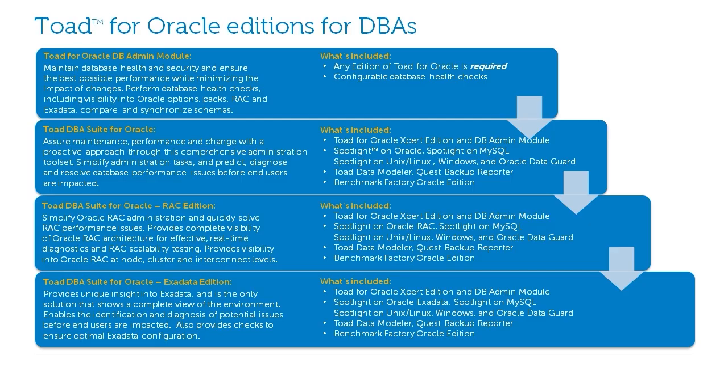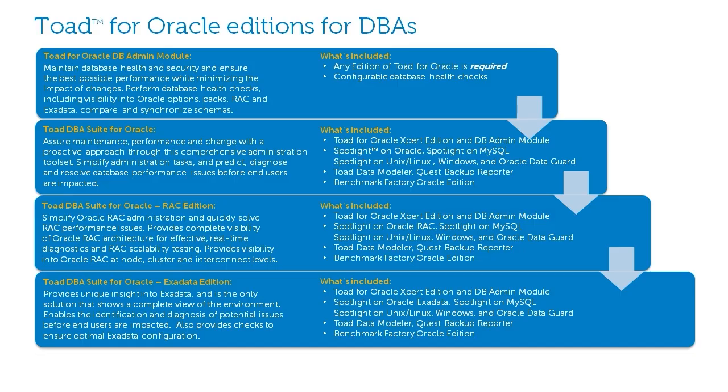And then there are a number of suites. All three of these have a Spotlight, and they also have Benchmark Factory for database workload replay, and they have a backup reporting tool for reporting on your RMAN backups. The spotlights differ slightly for each of these.